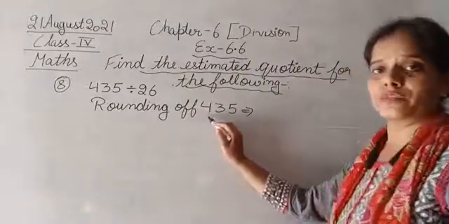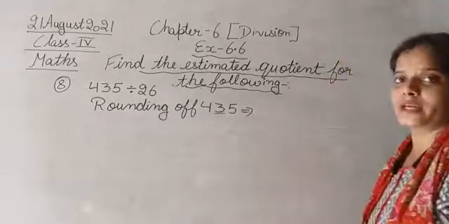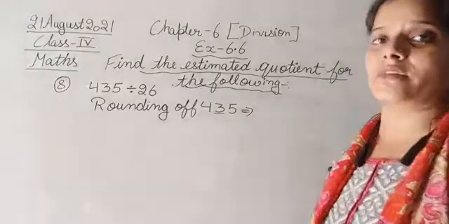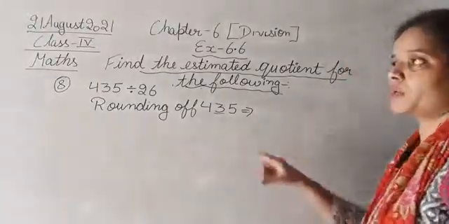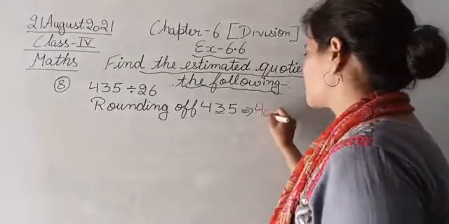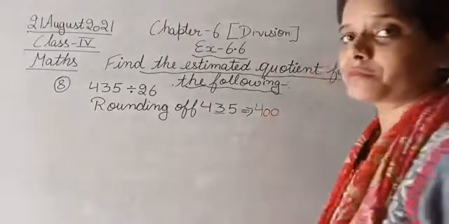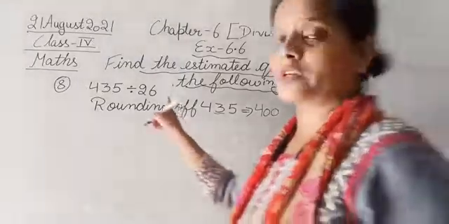We observe the digit at the tens place. At the tens place we have 3, which is less than 5, so we round it off to the previous 100. The previous 100 before 435 is 400.